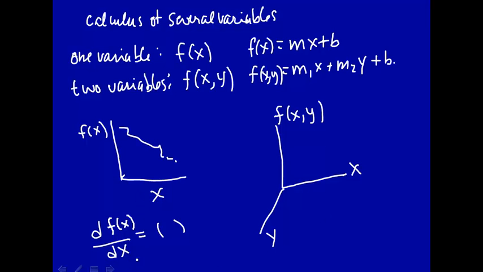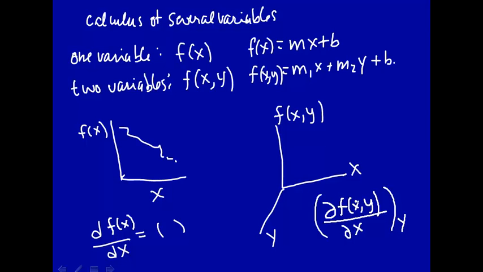Here we just had one, so it is unambiguous. Here, are we going to talk about the derivative with respect to x or the derivative with respect to y? That's where the simple partial derivative comes in. Partial derivative of f of x, y. Let's take it with respect to x. That means we're considering y a constant. So that's how you'd write that.